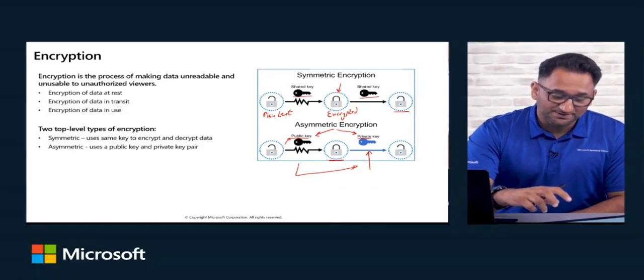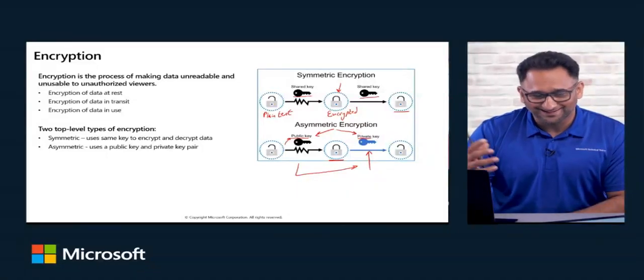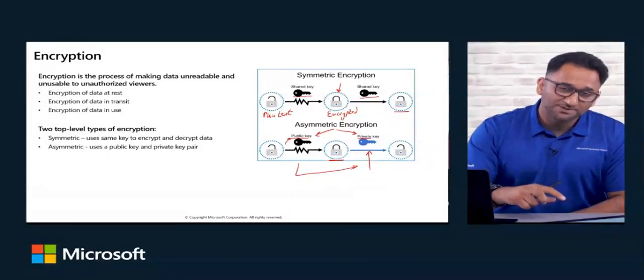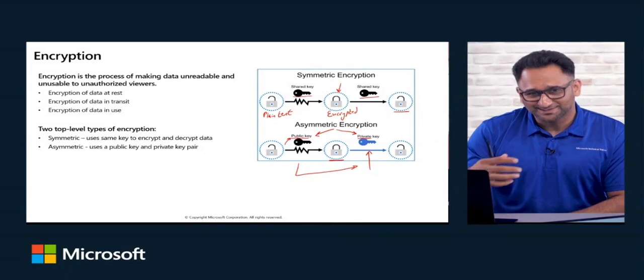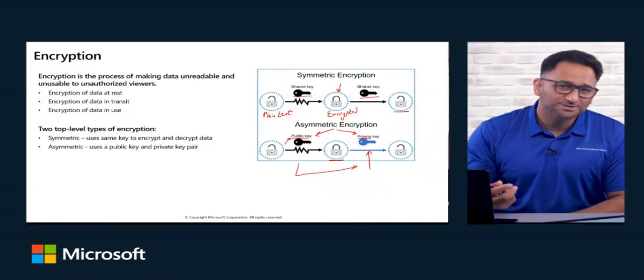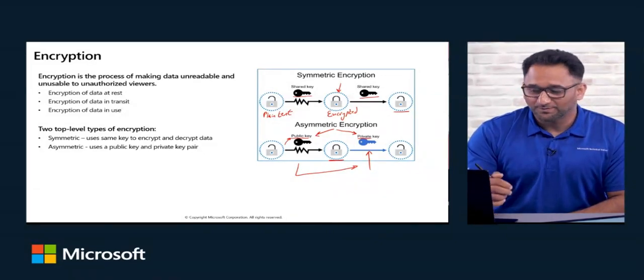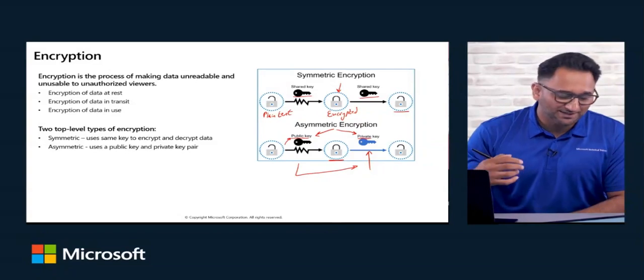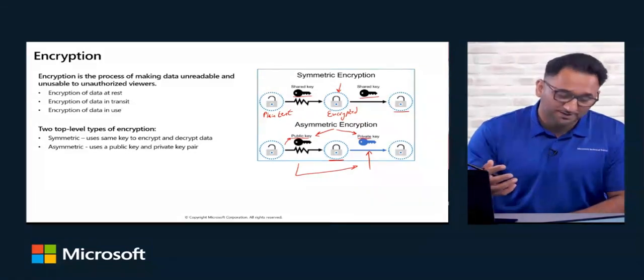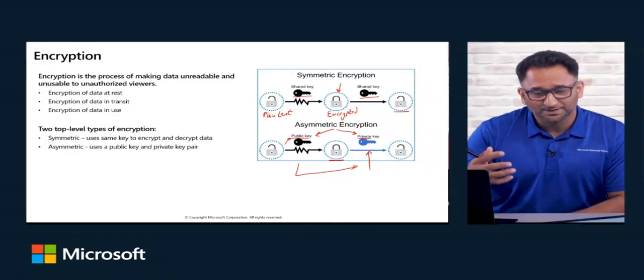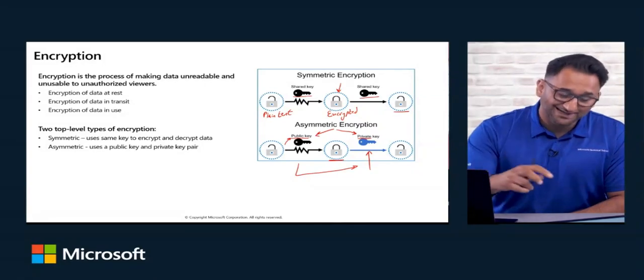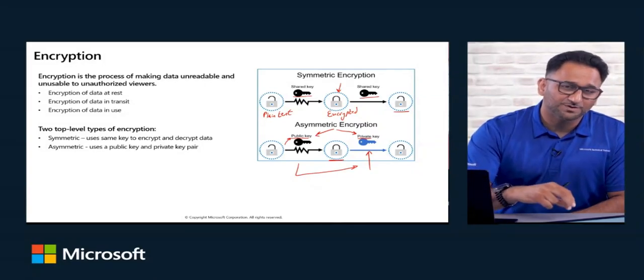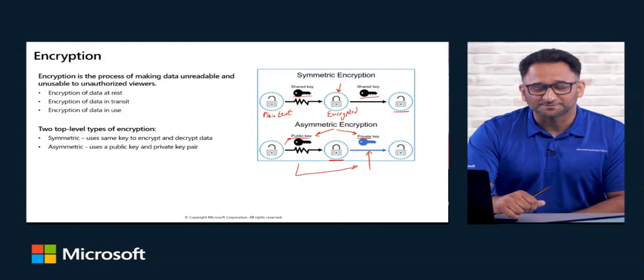Like I said, symmetric encryption you could use with banking and other apps, whereas asymmetric encryption you can use for digital signatures, and it can also be implemented with certificates and your HTTPS traffic, which is secured using transport layer security, and they use these methods of encrypting using asymmetric keys.